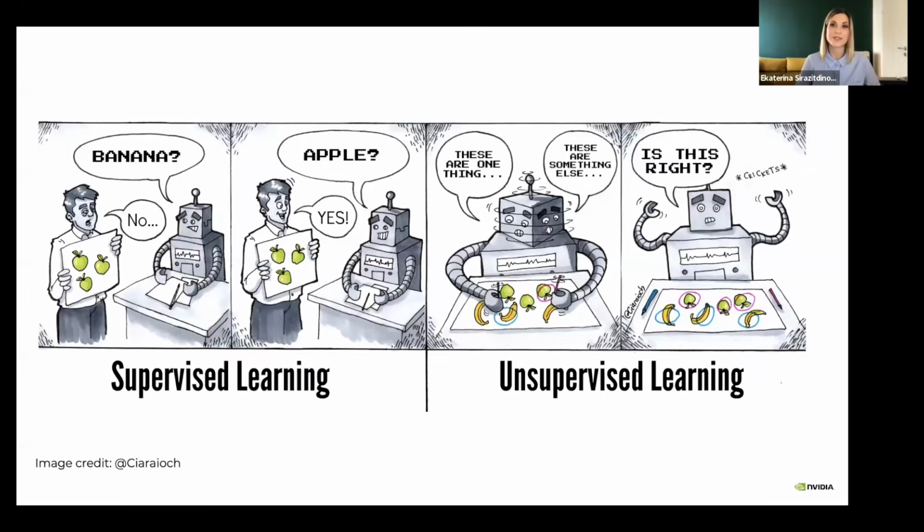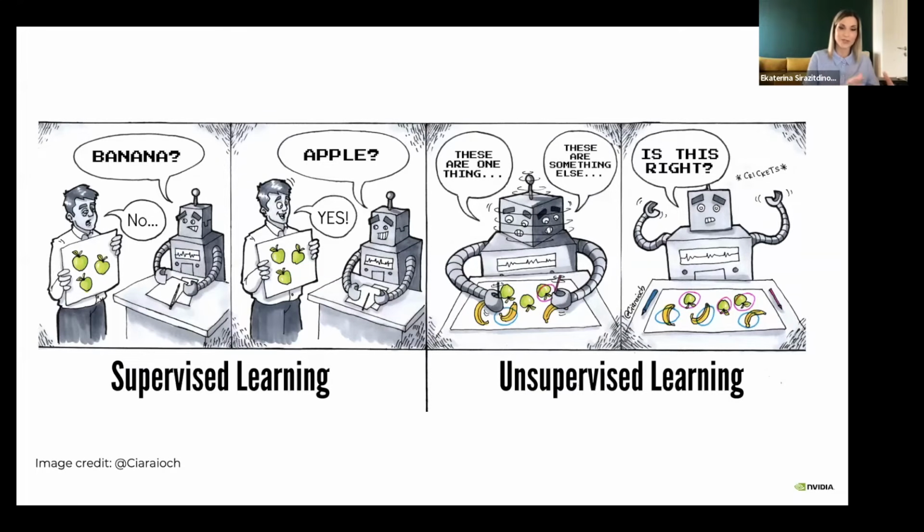Another important notion to mention is the notion of supervised and unsupervised learning. When we're talking about supervised learning, we mean that we have a data set and we have labels in the data set. Usually we need an expert, or yourself as an engineer. You can also be an expert if it is something simple, like for example, apples or bananas.